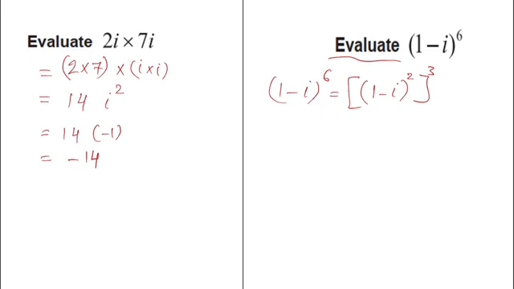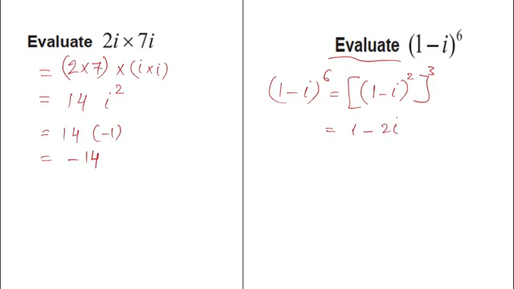Okay, so 1 squared is 1. 2 times 1 times minus i is minus 2i.